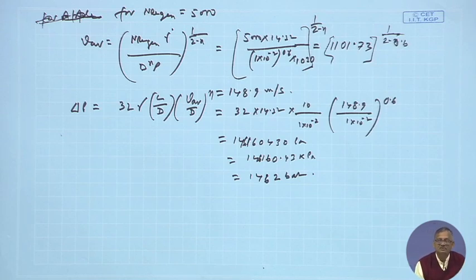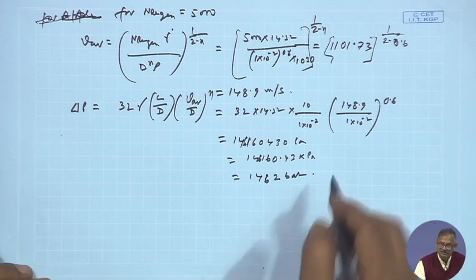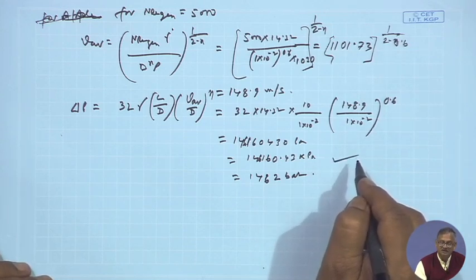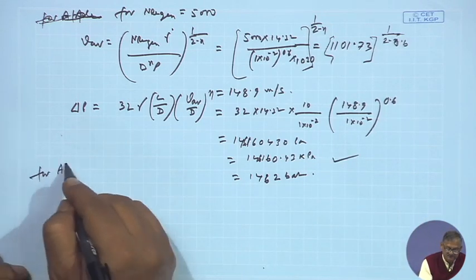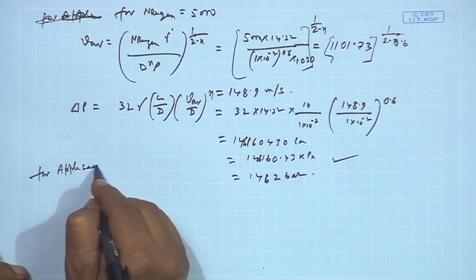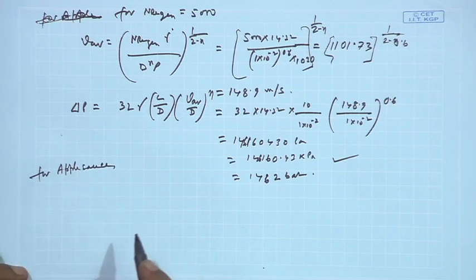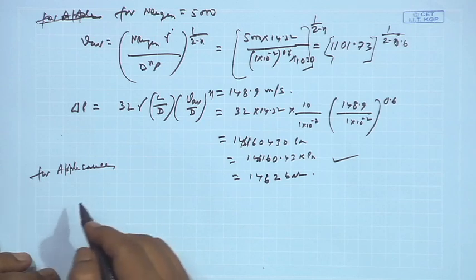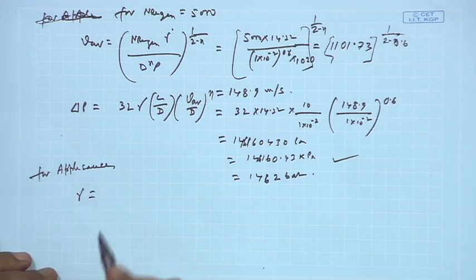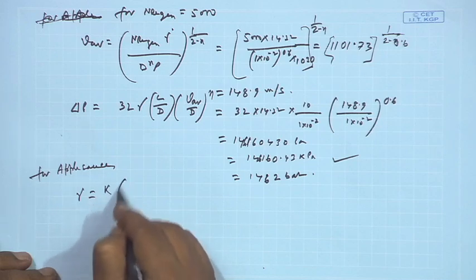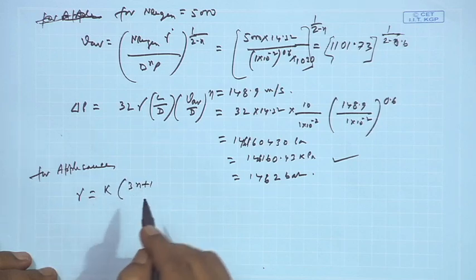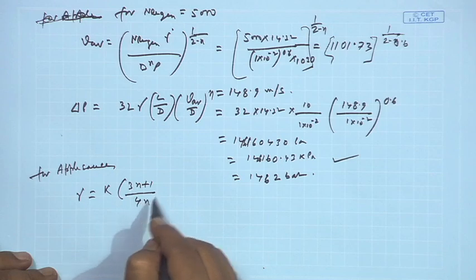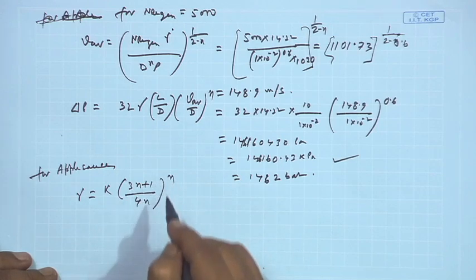Now we need to also find this out for apple sauce, since the earlier one was for milk. We can write gamma equals K into 3n plus 1 by 4n to the power n.